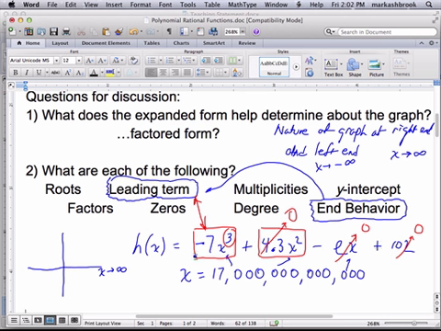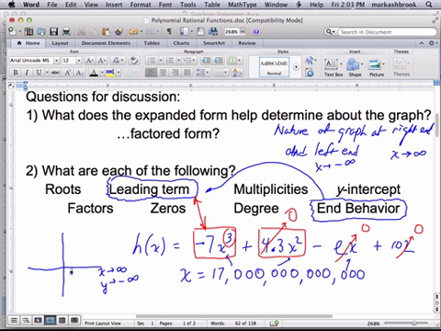So what will the leading term do when x gets very large? So break it down. What will x cubed be? Will it be very large positive or negative? Just x cubed. Very large positive. And then we'll take that positive and do what? Multiply it by negative. So y will go to very large positive or negative?